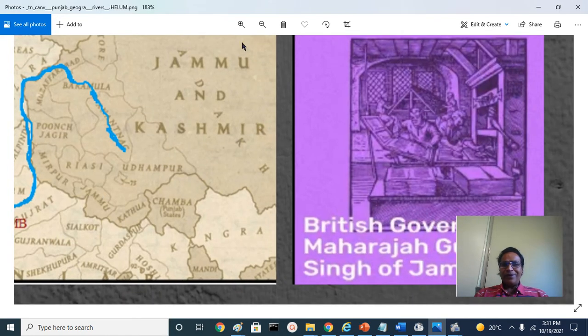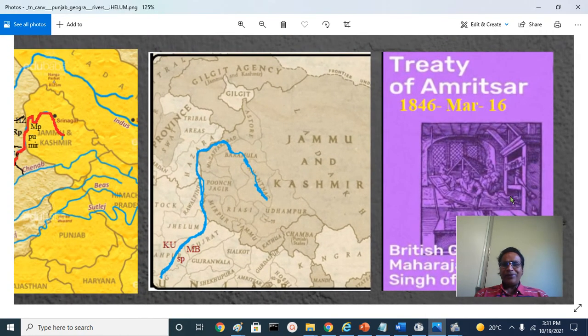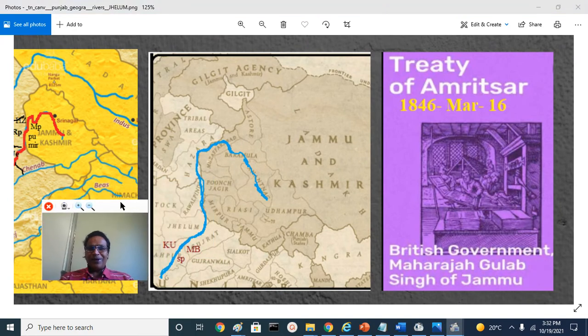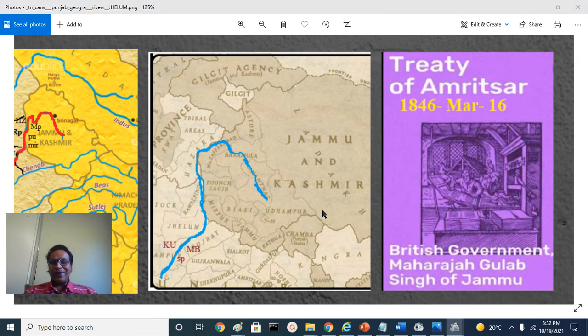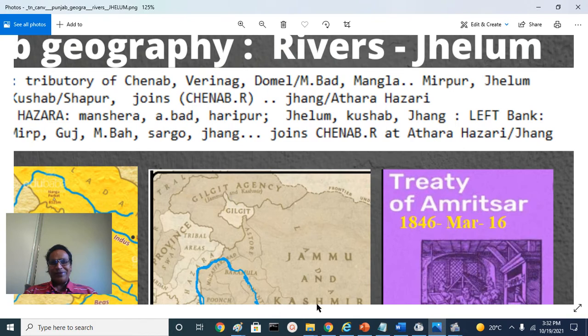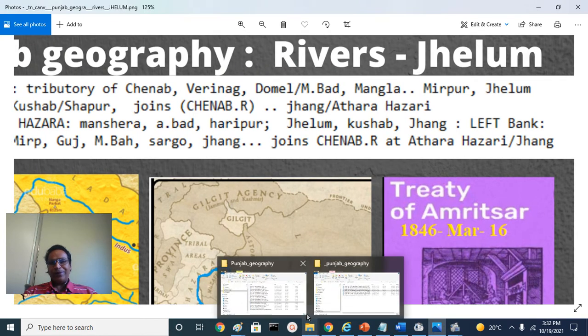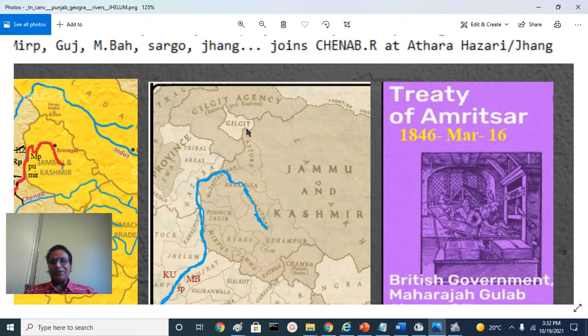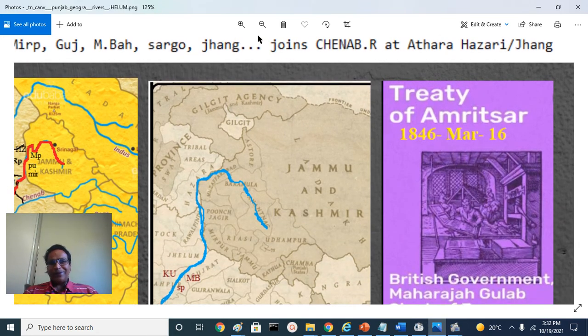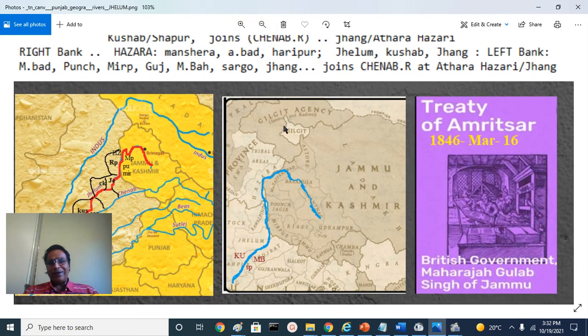Then what is the Treaty of Amritsar? Why are we bringing up that topic, the Treaty of Amritsar, when we are discussing the geography of Punjab and River Jhelum? This is very interesting to know. A lot of people, when they discuss rivers, will just say start and end. They will tell about certain important towns, cities, and so on.